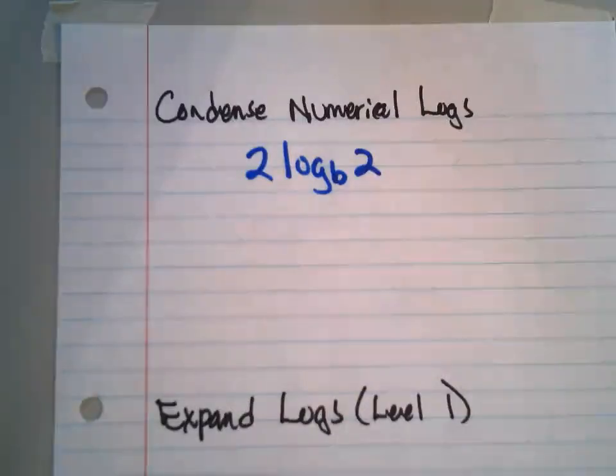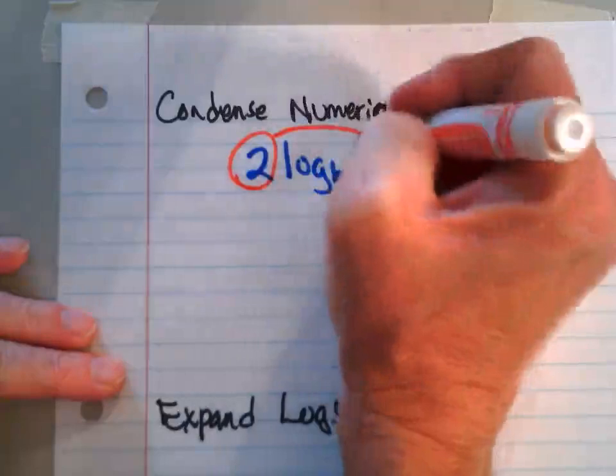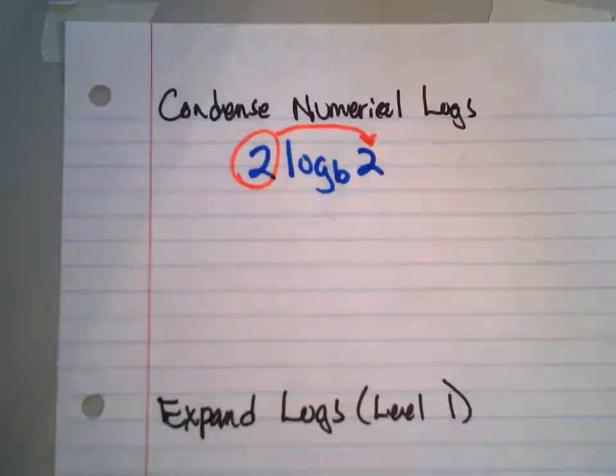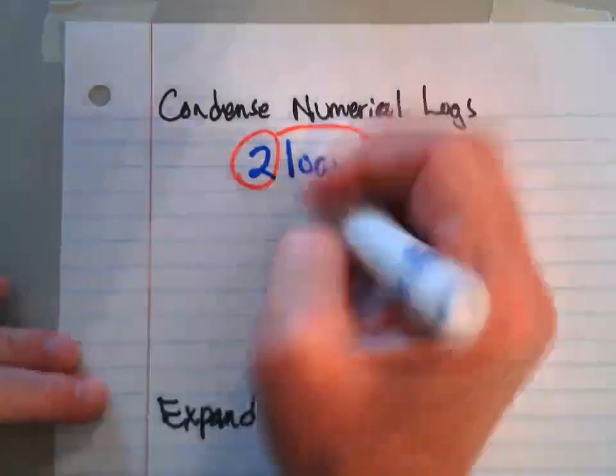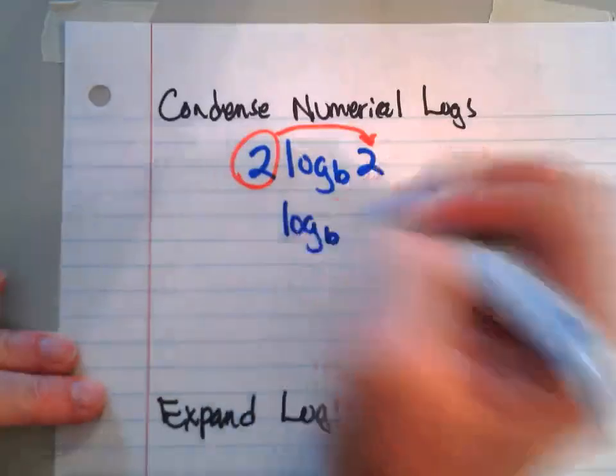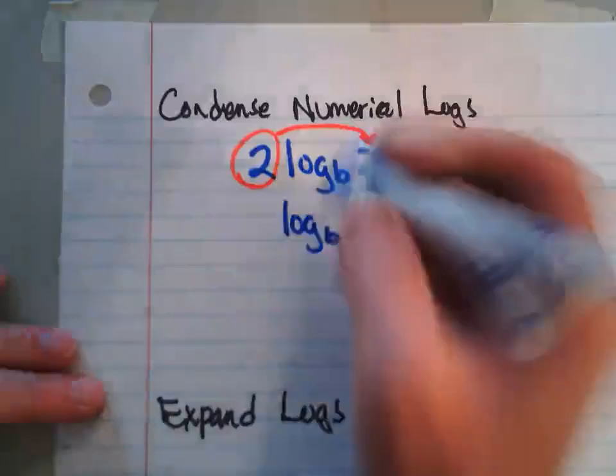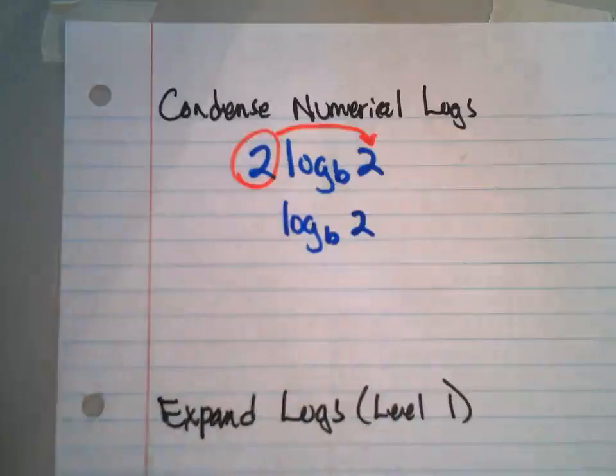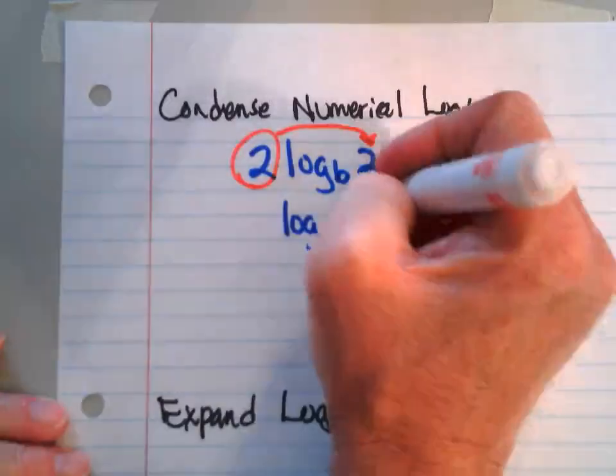So this is a pretty quick problem. There's just not a lot to do in the problem. The coefficient is going to become the exponent. So that's log base b 2 to the second power.